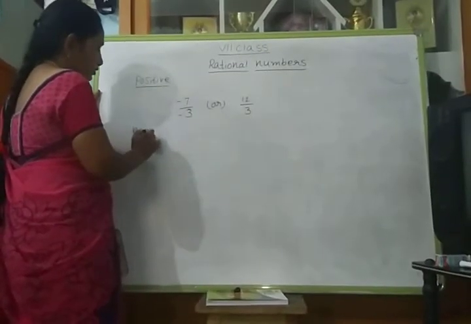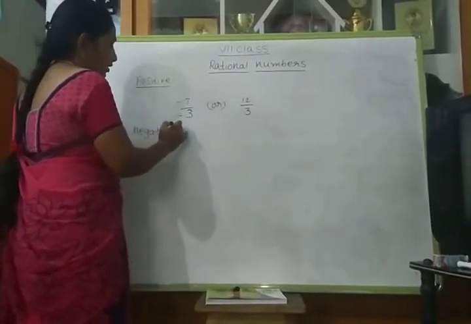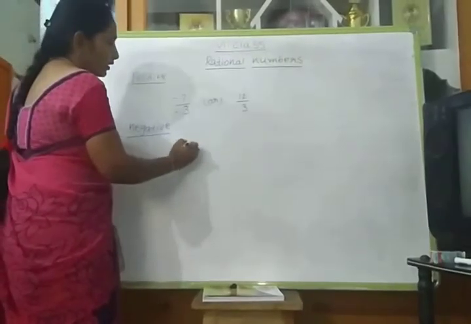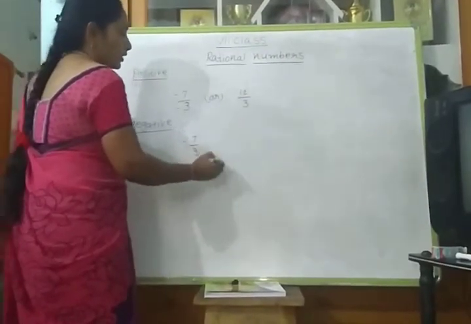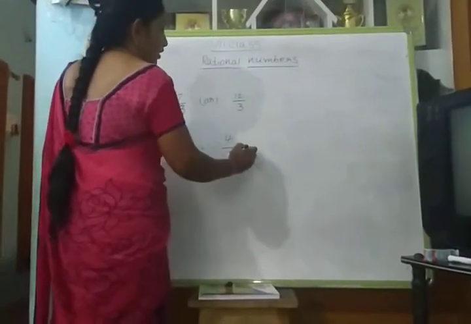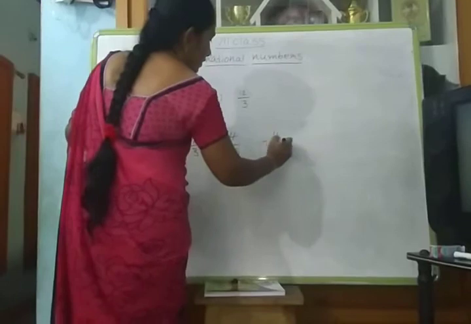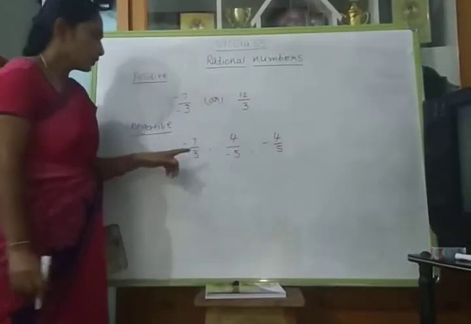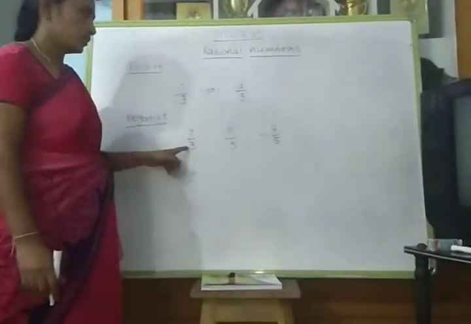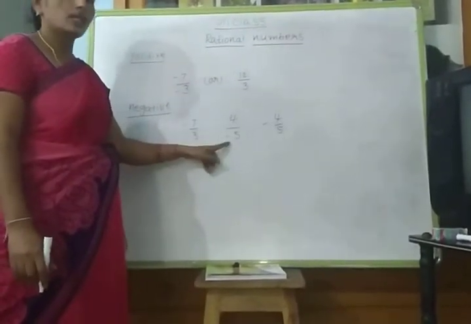Negative rational numbers means, if a rational number has either the numerator or the denominator negative. See here, if the numerator is negative and the denominator positive, or the numerator positive and the denominator negative.